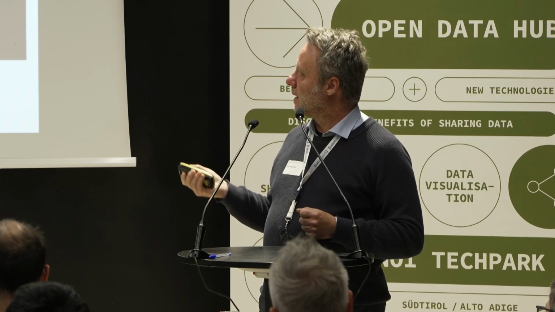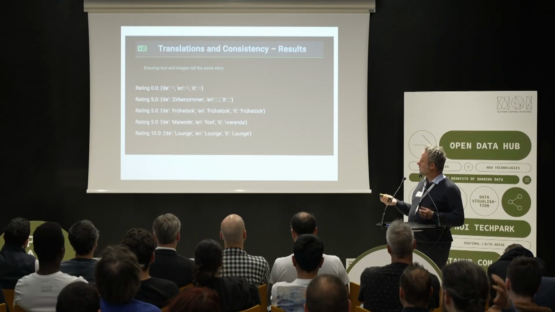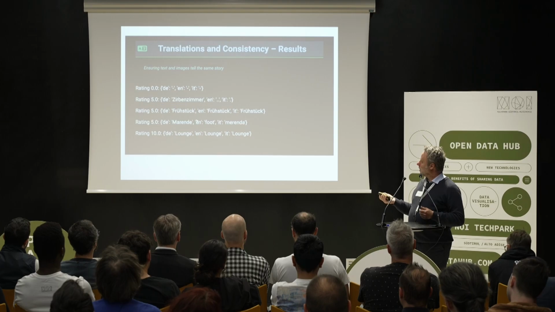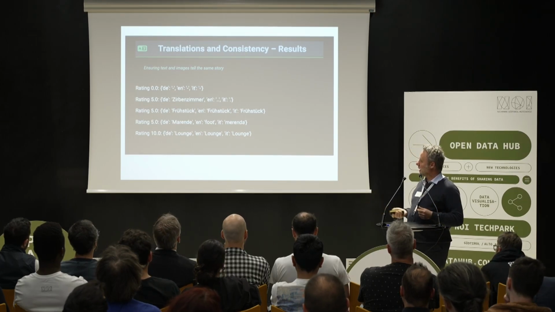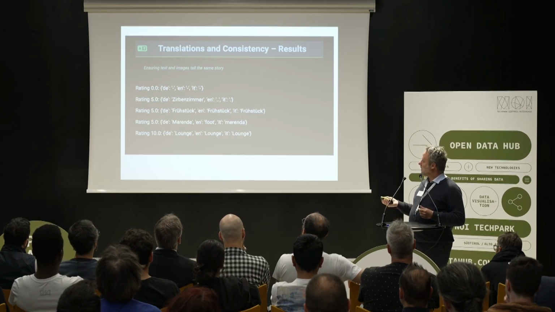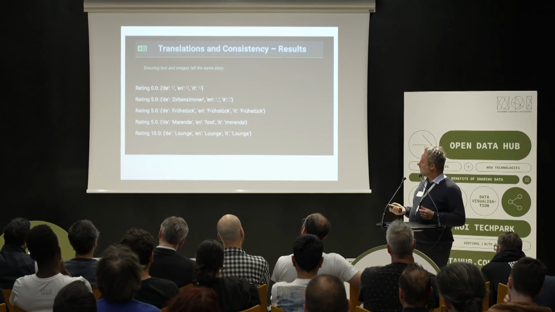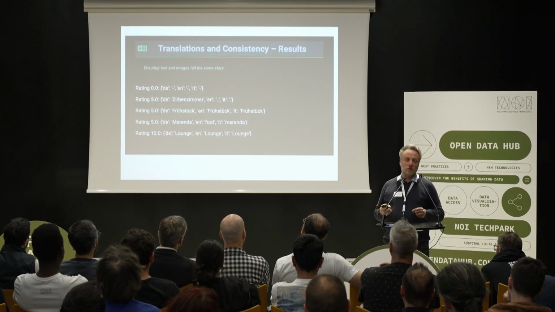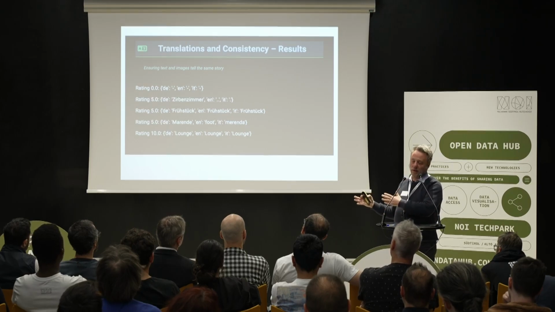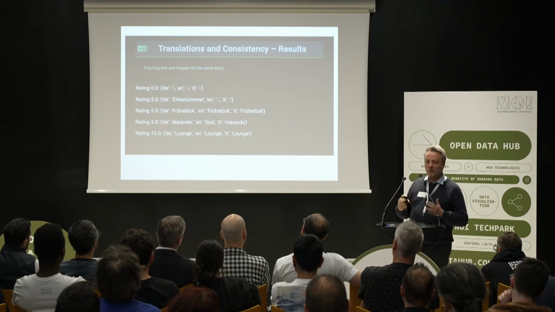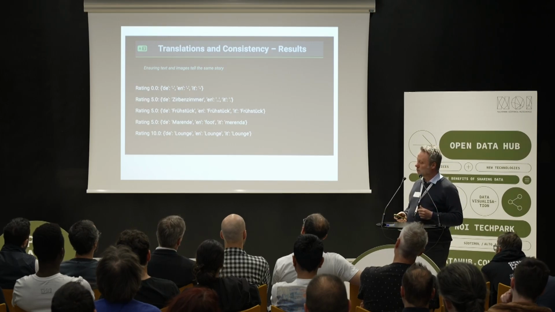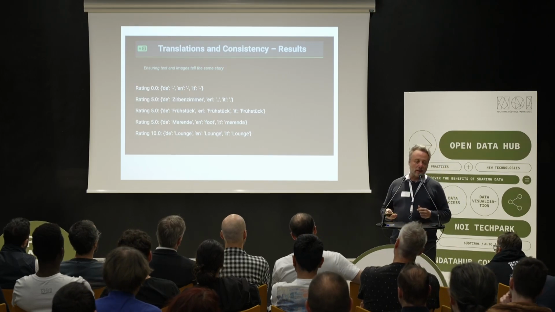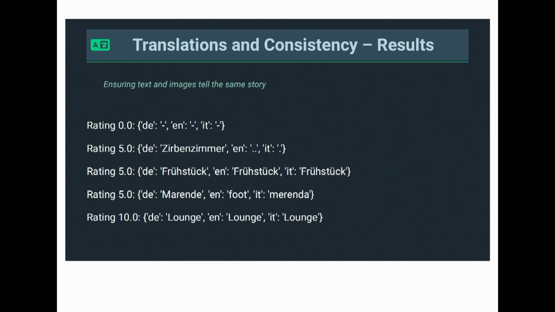In this case, this was the worst case, and our funny food example has 5 as a rating. But even this last one is fine, which is not just a copy and paste, but is right, because in all 3 languages it is the same word. So using this LLM, we have correctly detected this corner case.